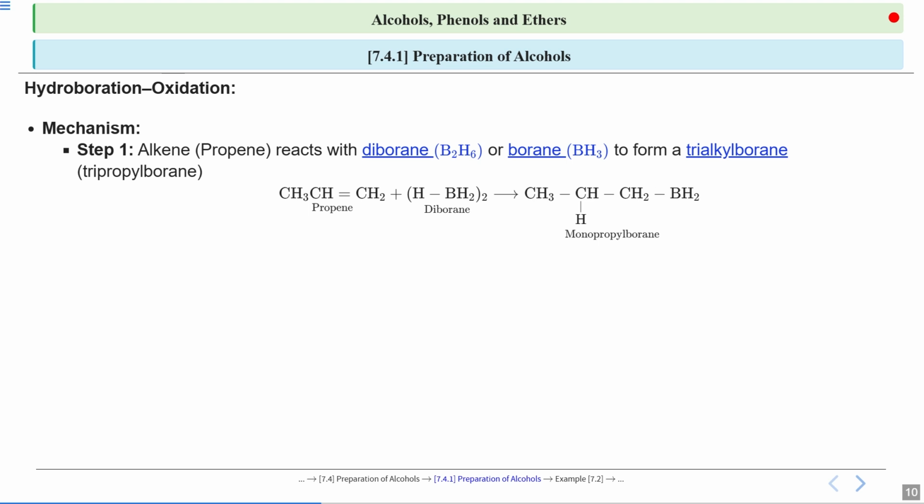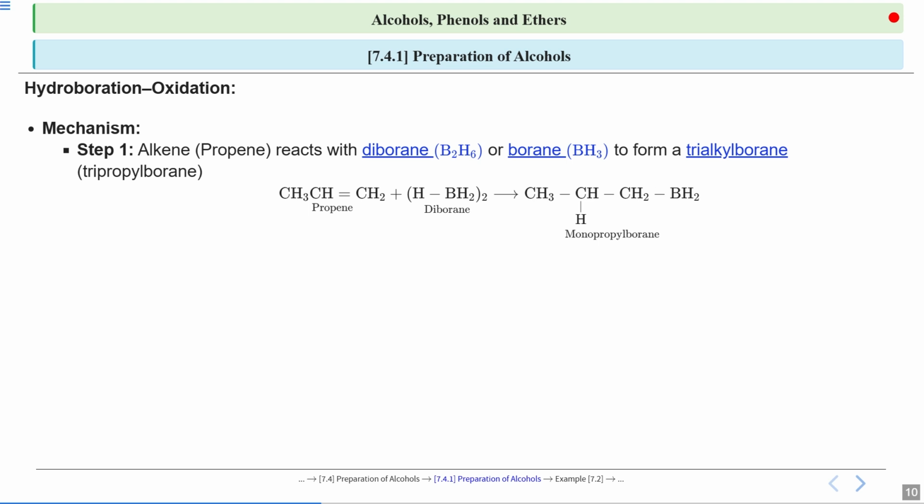Anti-Markovnikov rule says that the negative part, here HBH2, so H is positive, BH2 negative. Here BH2 negative is going to attack on the carbon which is having more number of hydrogens, and the hydrogen positive will attack on the other double bonded carbon.